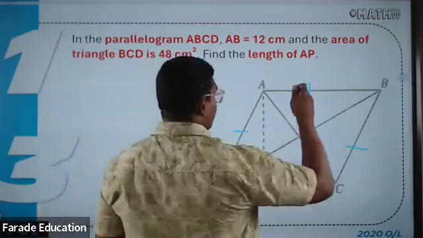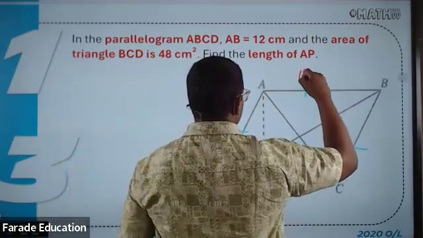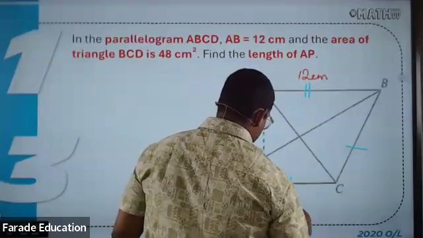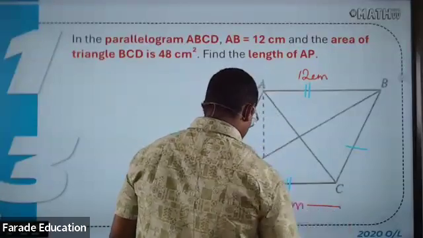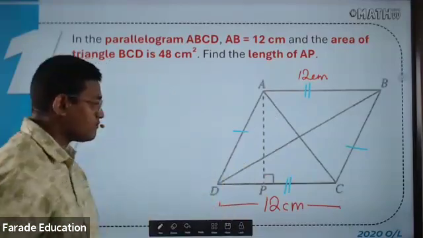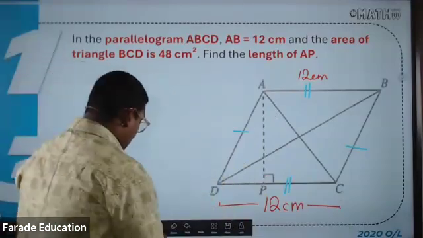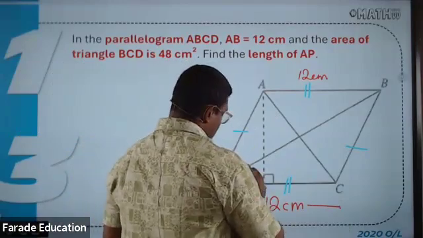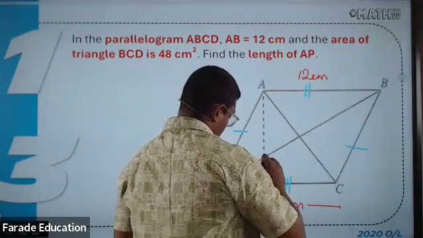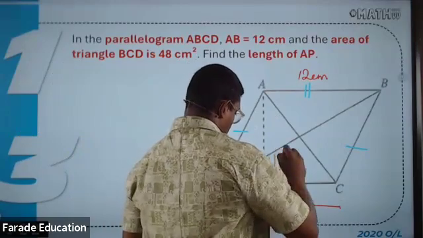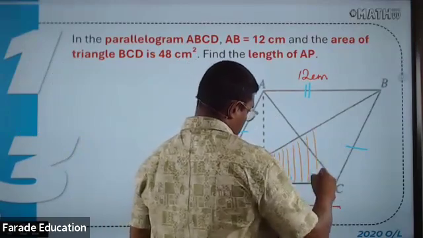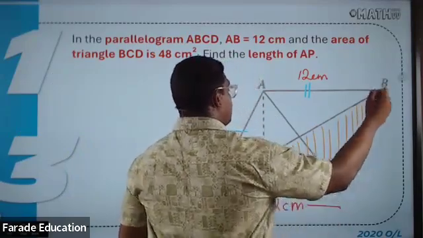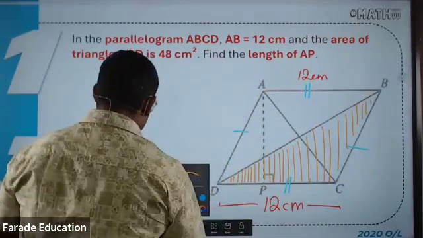So if this is 12, that means what? DC is also 12 centimeters. Clear? And they say this region is what? This is 48 centimeters squared.